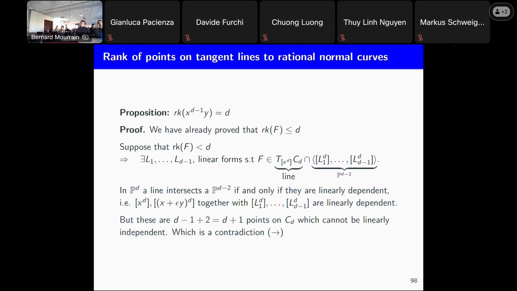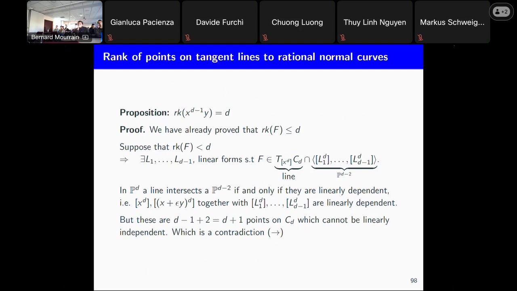So assume the rank is smaller than D, it means that there are D minus 1 linear forms. Maybe there are fewer, but then we can still take D minus 1 linear forms, such that if I raise their power and take their span, it has to contain my F if the rank is smaller than D.